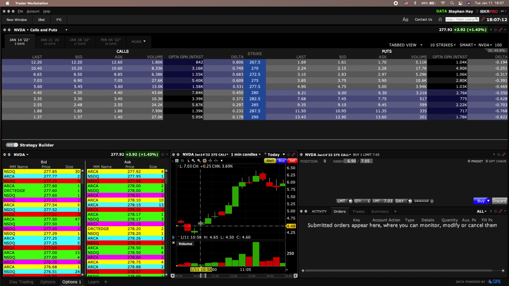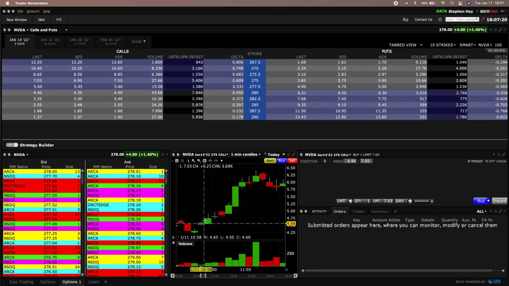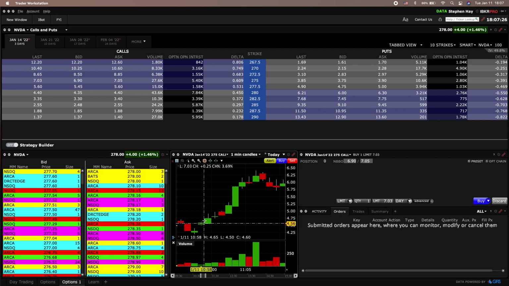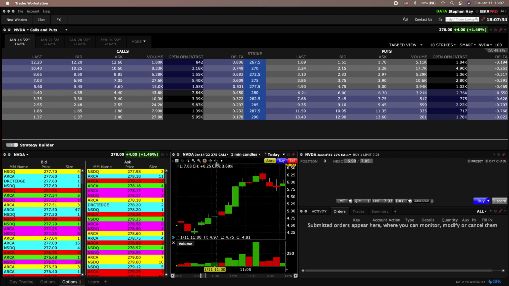Which means that we went up about what is it? I'm going to use my calculator quickly. 5.8 subtract 4.4. We would have made about $1.4 for that contract. So with 100 multiplier, we would have made $140 for that 275 strike price call, which is amazing.